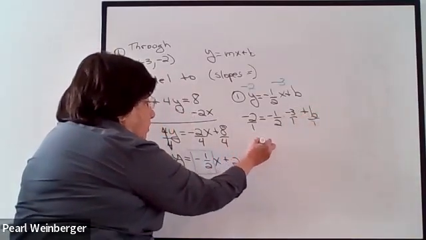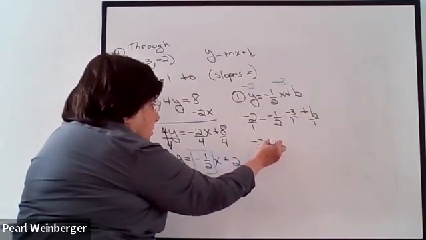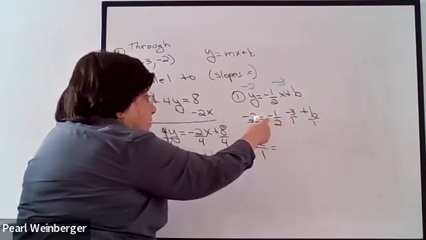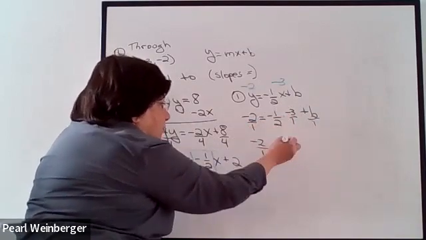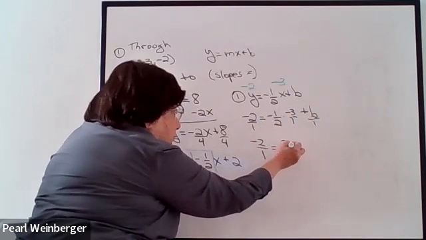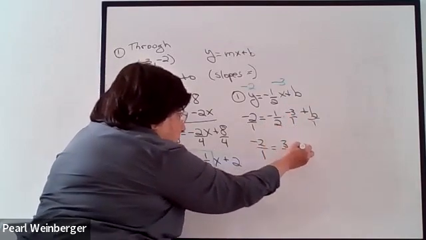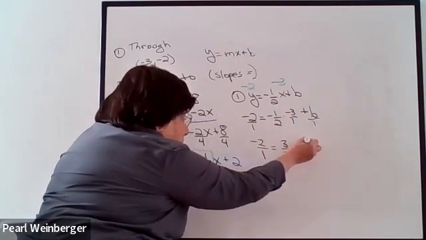So this is -2 over 1 equals, now nothing cancels out, so I have to multiply the tops. -1 times -3 is +3 over 2 times 1, plus b over 1.